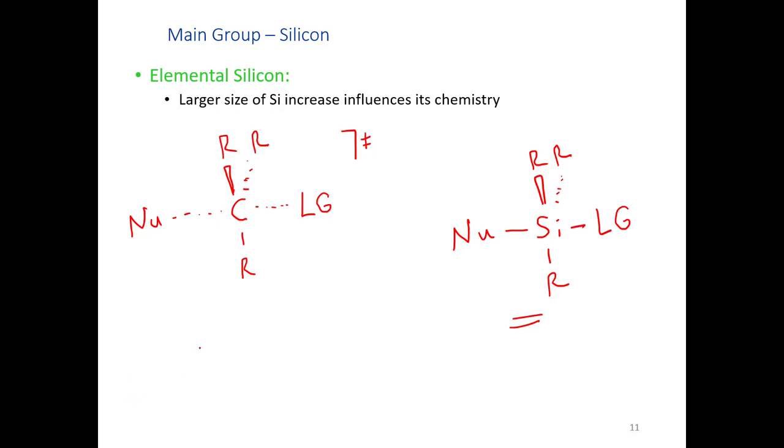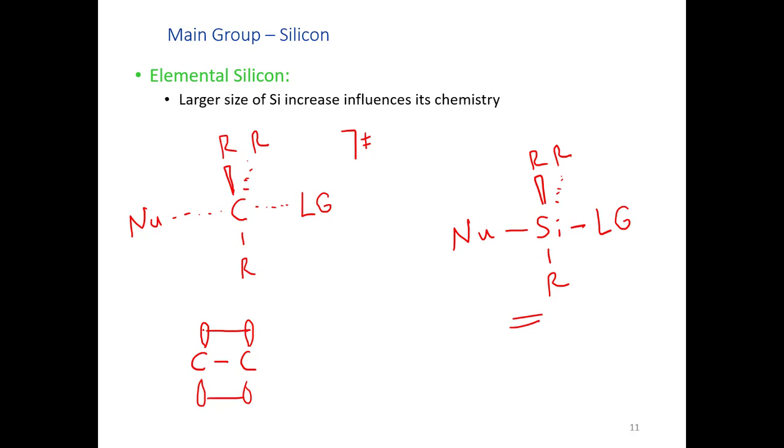So when you're looking at a carbon-carbon double or triple bond, you have your sigma bond here, then your pi bond is formed by overlap of p orbitals. Because the carbon atoms are small, they're relatively close together, so you get good overlap between these p orbitals.